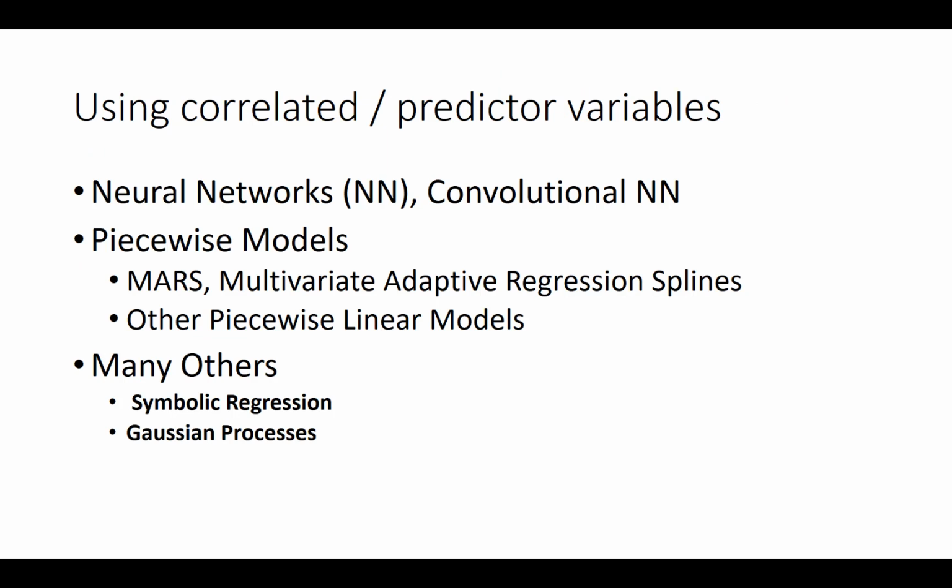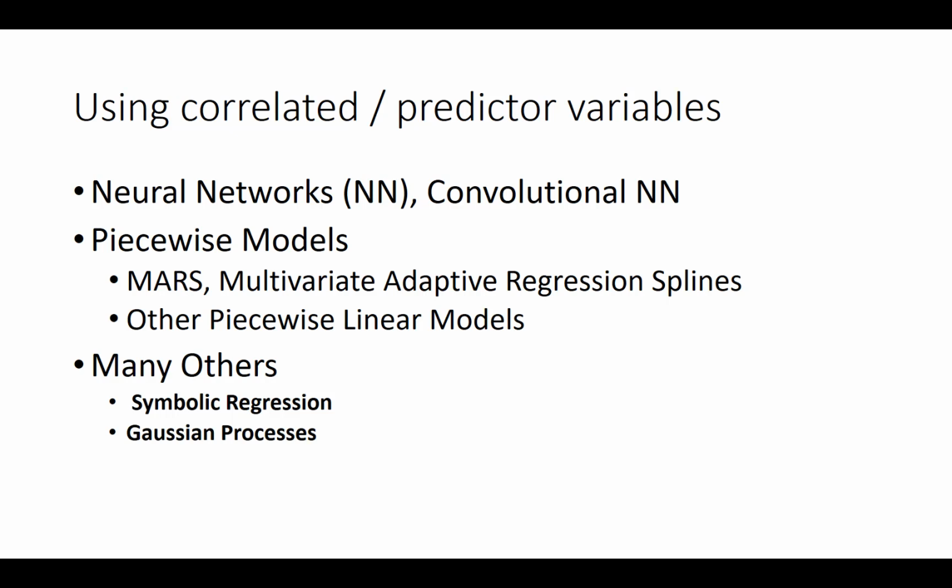If you're looking at using the correlated or predictor variables, you can see there, neural nets actually work pretty well. Convolutional neural nets, which is more of a deep learning pattern, basically deeper neural nets, work pretty well.